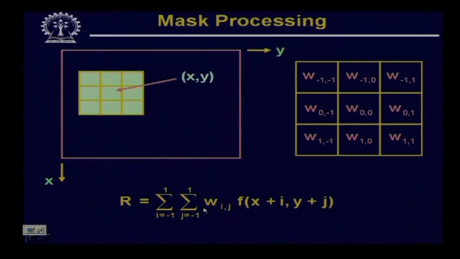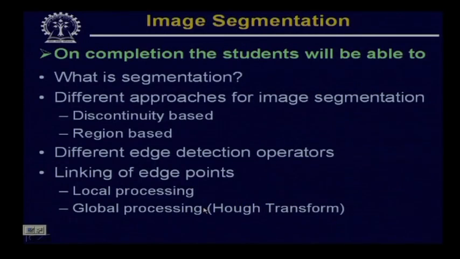In today's discussion, we will see what image segmentation is. We will talk about the different approaches of image segmentation, and we will see that image segmentation is mainly categorized into one of two categories: the segmentation is either discontinuity based or region based. Then we will talk about different edge detection operations, which are useful for discontinuity based image segmentation techniques.